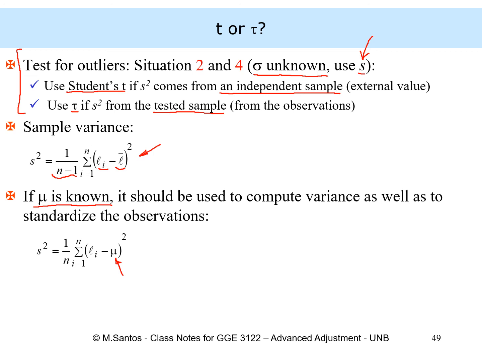So we have the same situation. Oh yeah, and there is another difference here because we are using the population mean. We divide it by n, because we are not losing any degree of freedom. We lose a degree of freedom in here, divided by n minus 1, because L bar is computed as a function of the observations.